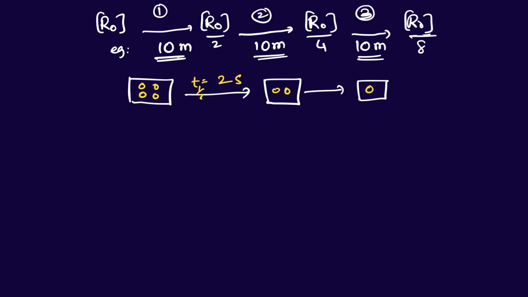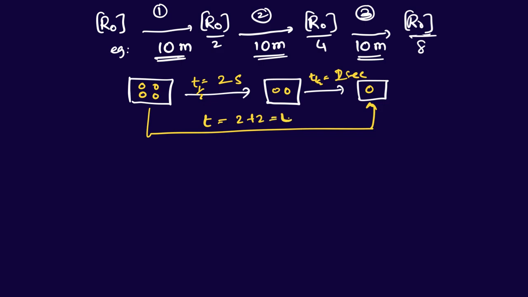So that is 1 converted. Then here time taken for half conversion is how much? 1 or 2? 2 seconds, because it does not depend on initial concentration. Then the total time taken is 2 seconds plus 2 seconds, how much? 4 seconds. Like this we can understand the half-life does not depend on the reactant concentration.